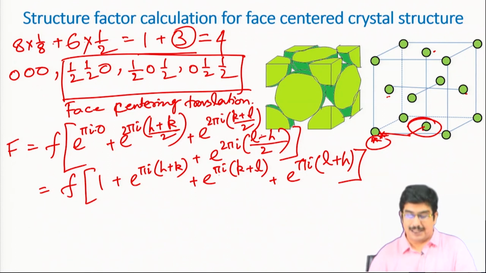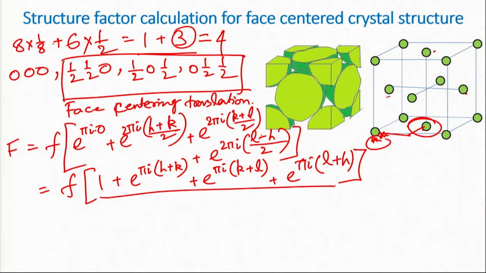So what we understand is that this entire thing, e to the power pi i (H plus K), e to the power pi i (K plus L) and e to the power pi i (L plus H), depending on the value of H, K and L, this 1 plus this entire sum will either be 0, or it will be something like 1 plus 1 plus 1 plus 1, some definite non-zero value.